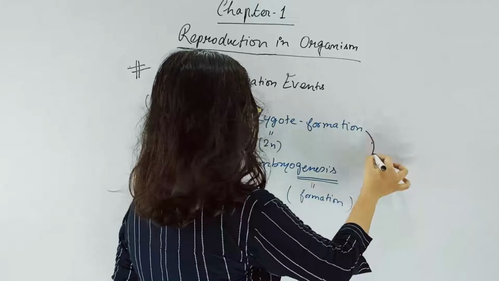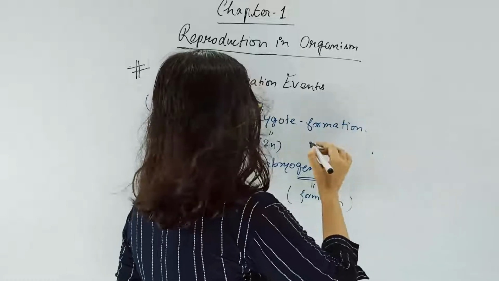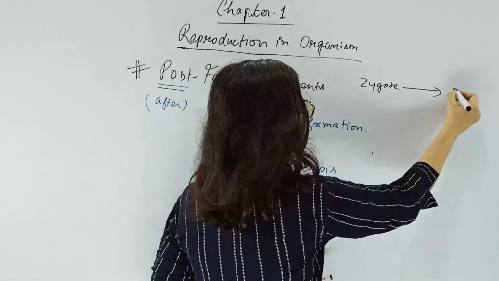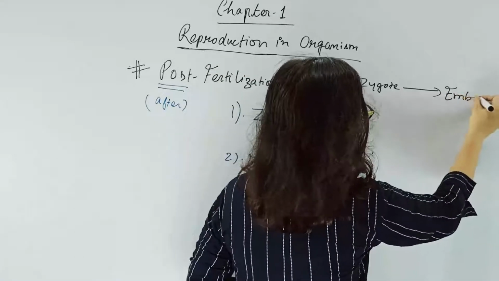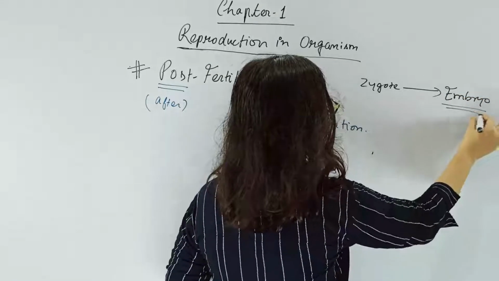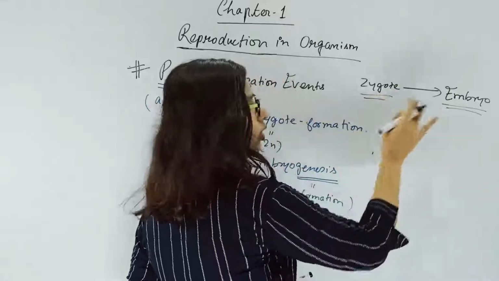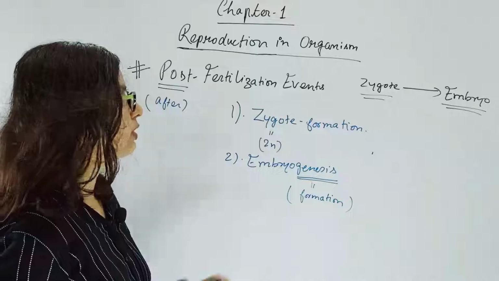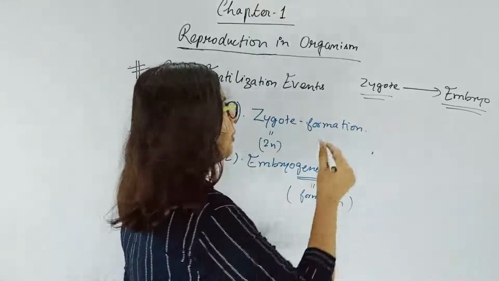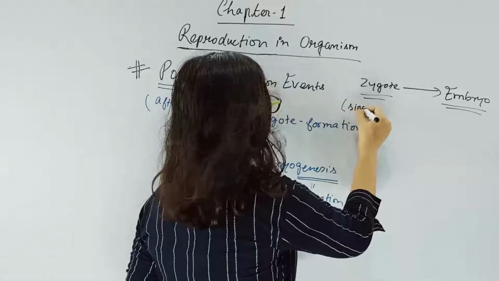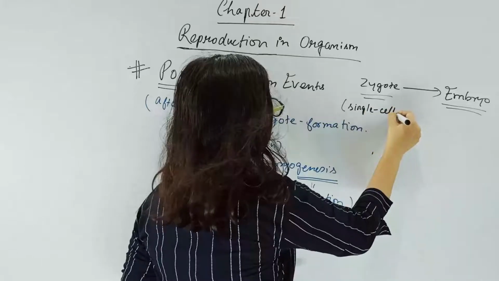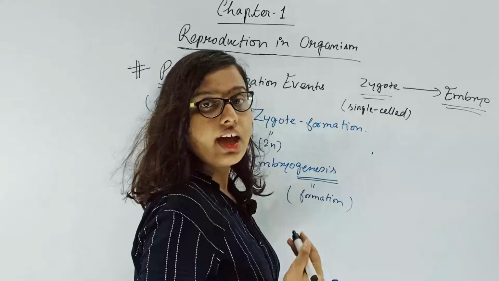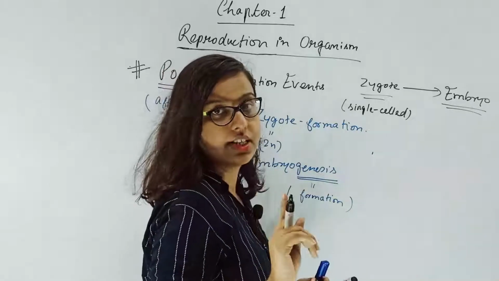Zygote will develop into embryo. So there is a cell division taking place. From zygote to the embryo, there is a continuous cell division which happens because zygote is single celled. Zygote is one cell. So we all the human beings are formed from one single cell.